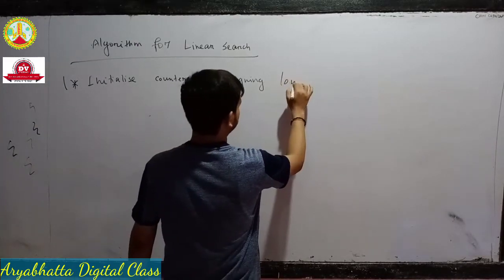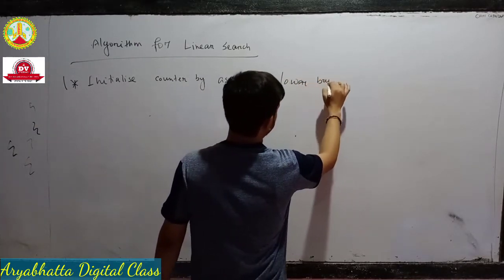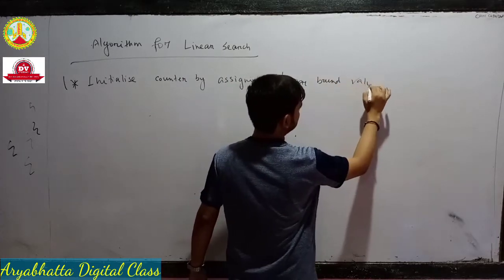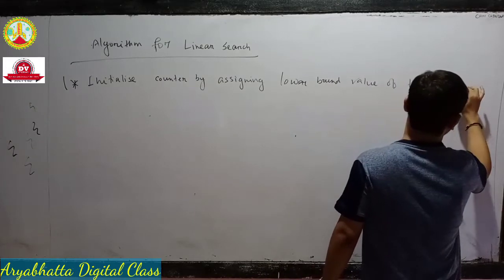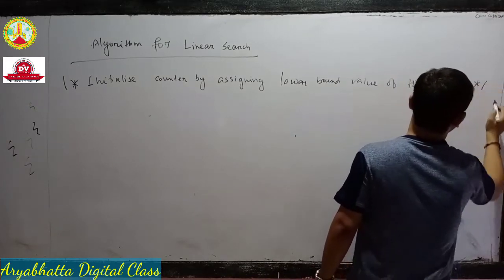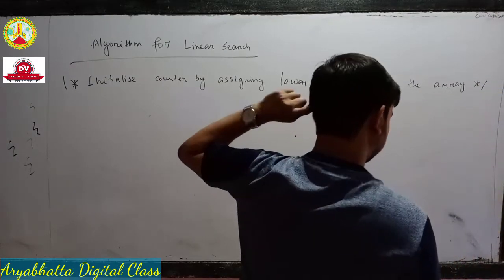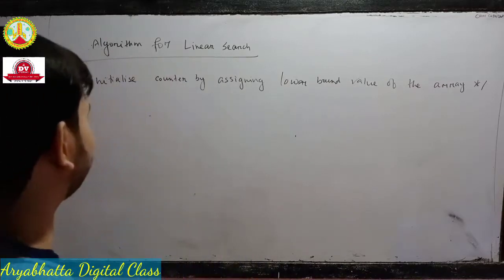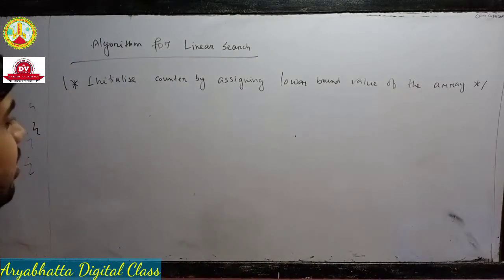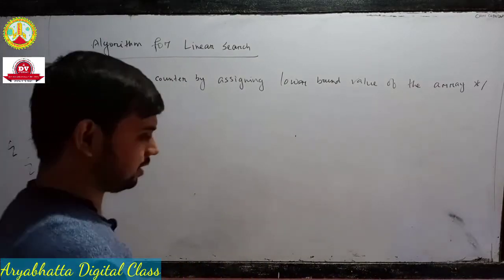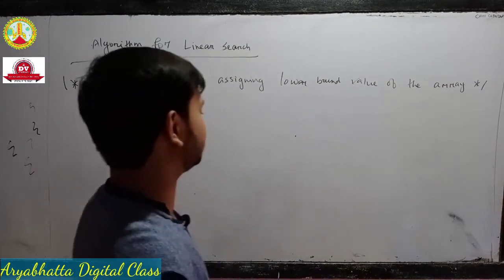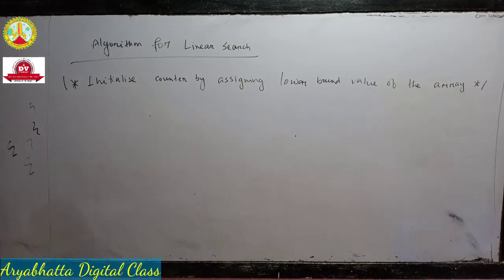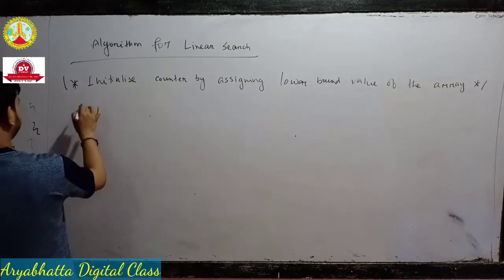Lower bound. Right? Initialize counter by assigning lower bound value of the array. Lower bound means what? The smallest index. Okay, upper bound means maximum, highest index. Right? Step 1, we have to write like that.